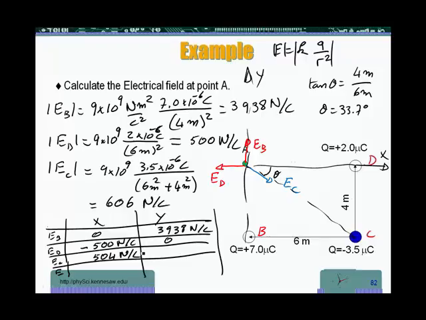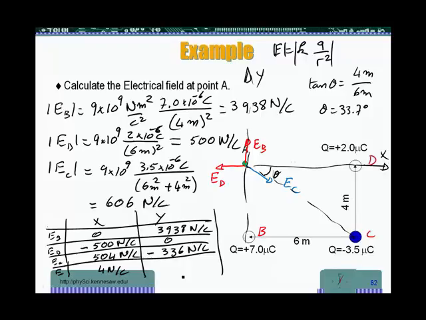Now, for the y component, of course it is 606 newtons per coulomb times sine of 33.7, but it's with a negative sign since it's pointing down. So that's going to be minus 336 newtons per coulomb.